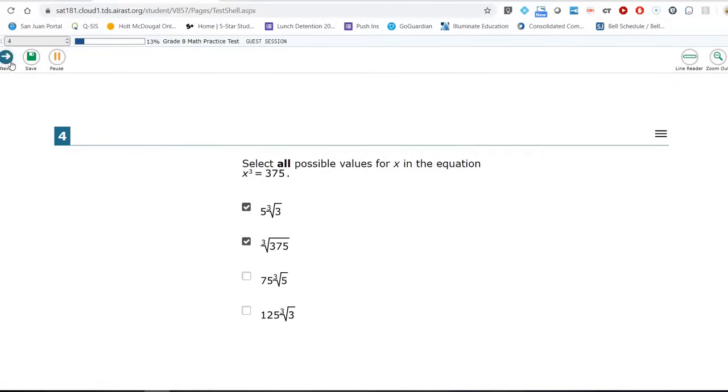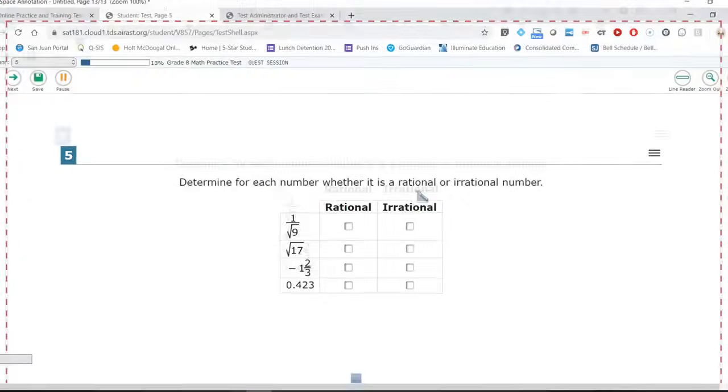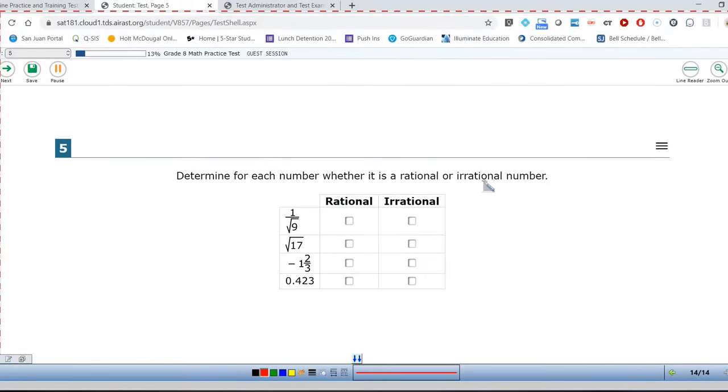All right, the last question for today, question number 5. Determine whether it's rational or irrational. You have no idea how to answer this question unless you know what rational and irrational means. So let's revisit that. A rational number is any number that can be written as a fraction, a over b, where a and b are integers.